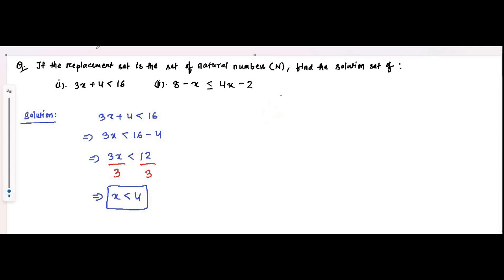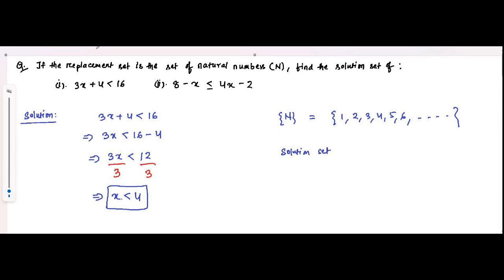Now the replacement set, which means the choice from which we have to select the solution set, is the set of natural numbers: 1, 2, 3, 4, 5, 6 and on and on.